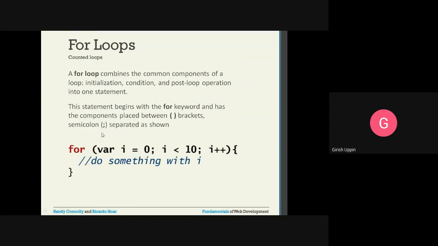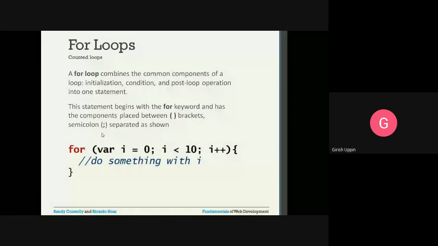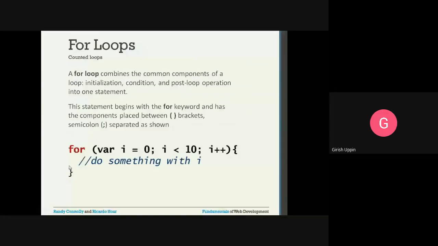For loops. A for loop combines the common components of a loop, initialization, condition, and post loop operation, into one statement. This statement begins with the for keyword and has components placed between parentheses, semicolon separated, shown below. This is very similar to other for loops, but inside the brackets, either you can initialize here or you can initialize before. var i is equal to 0.